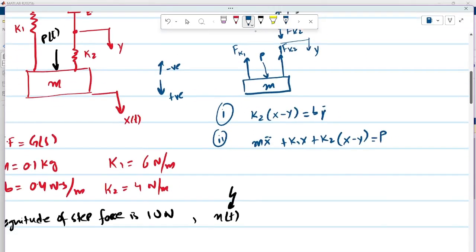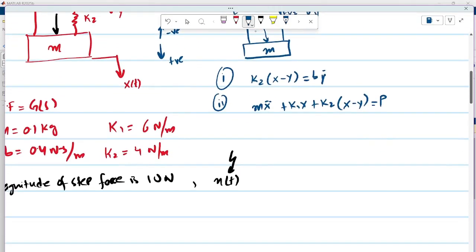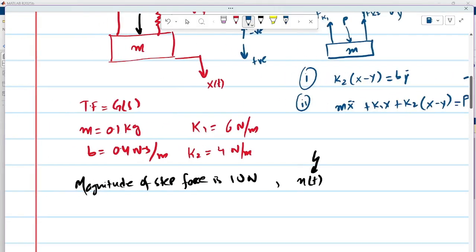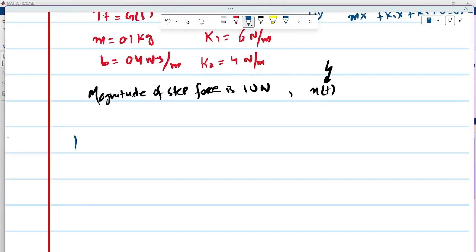Now we have to take the Laplace transform of these equations. Let's call this equation 1 and this equation 2, and take the Laplace transform of equations 1 and 2.